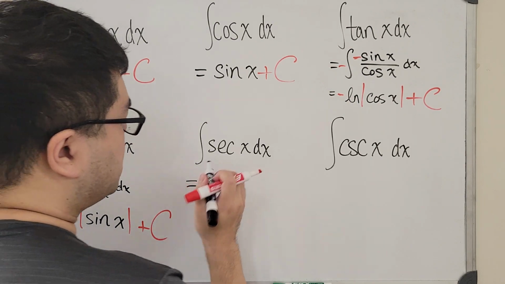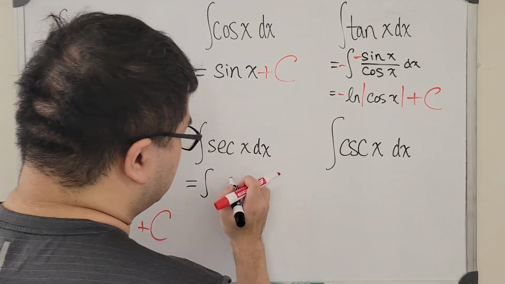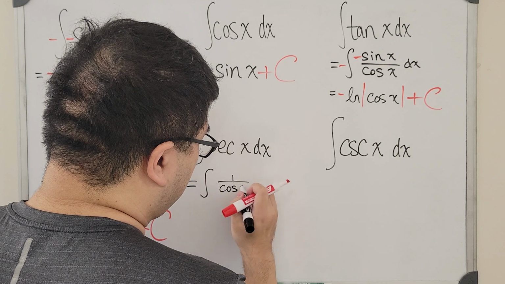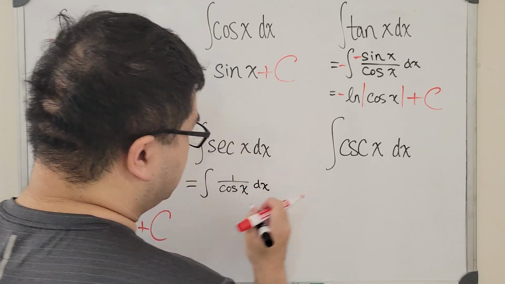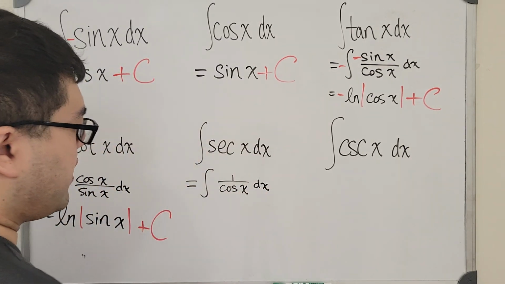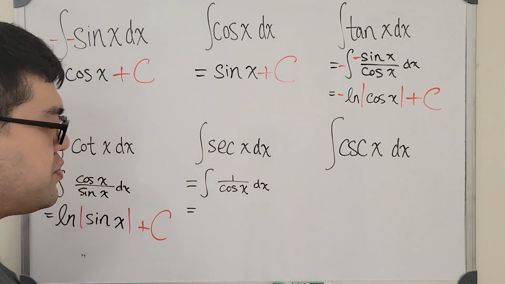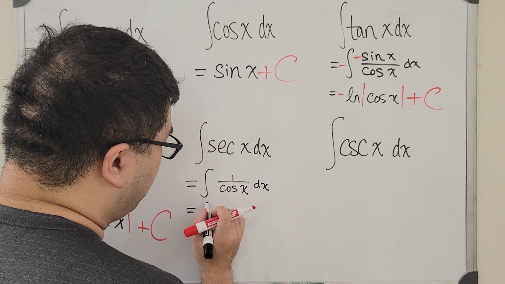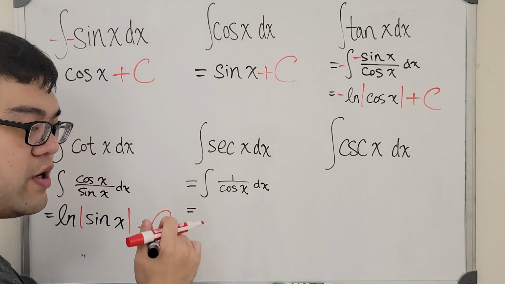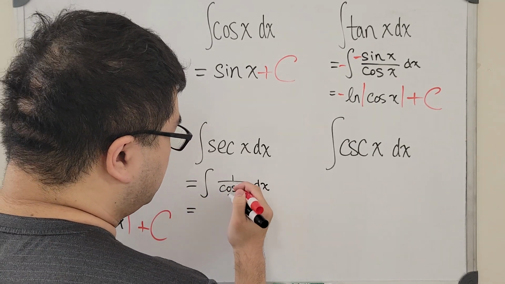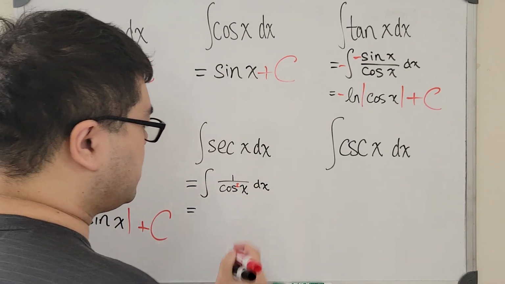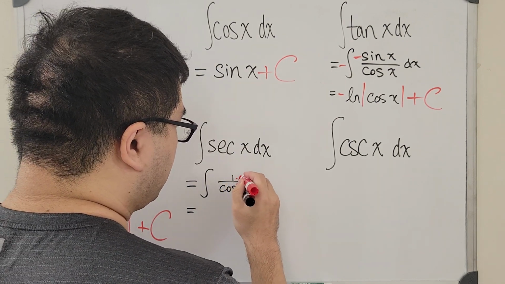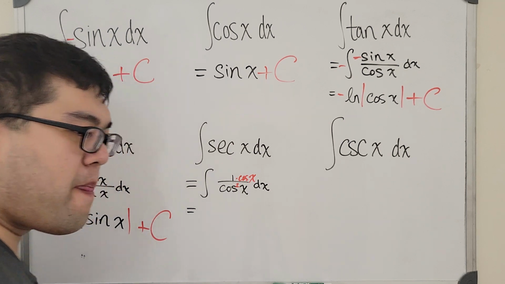Well, first we can use the definition of secant, which is 1 over cosine, to give us this result here. Then we're going to do something a little bit tricky, which is I'm going to multiply both top and bottom by cosine as well, so that we now have 2 copies of cosine on the bottom, and then we actually have cosine of x on top.